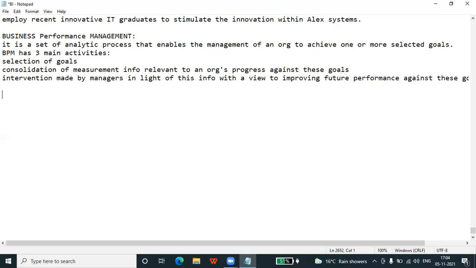Although presented here sequentially, typically all three activities will run concurrently, with interventions by managers affecting the choice of goals, the measurement information monitored, and the activities being undertaken by the organization.